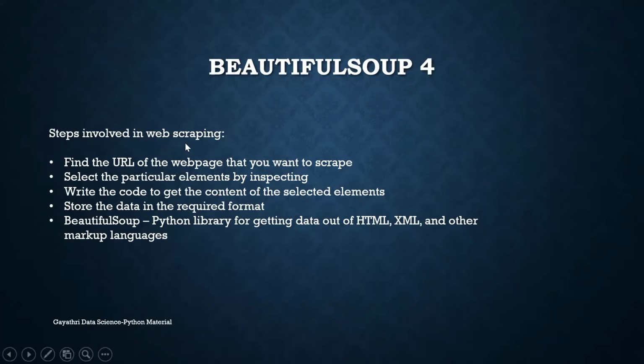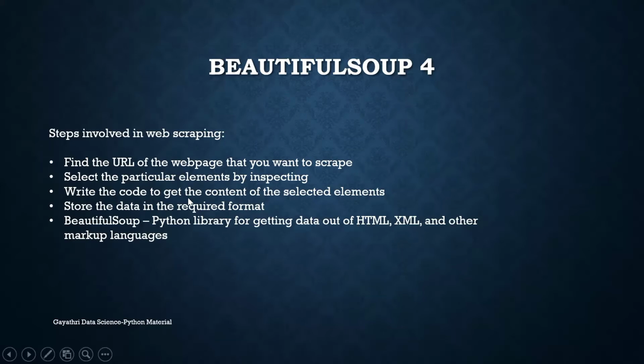Some of the steps involved in web scraping when using Beautiful Soup 4 are mentioned here. First one is to find the URL of the web page that you want to scrape. Next is to select the particular elements by inspecting the page. That is, from the HTML content of the page, whichever data you want to scrape, you're going to inspect those elements.